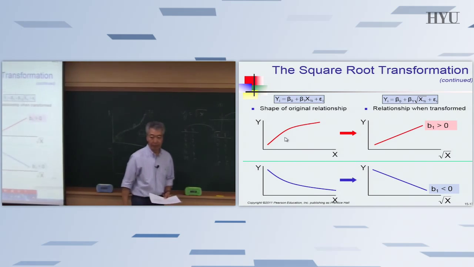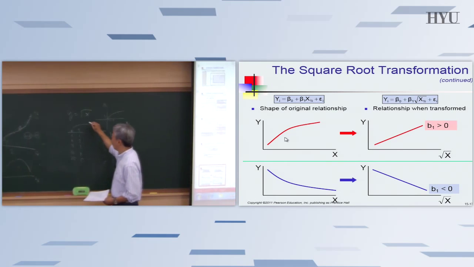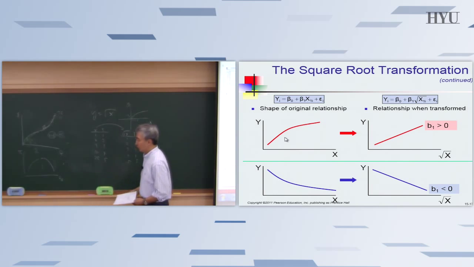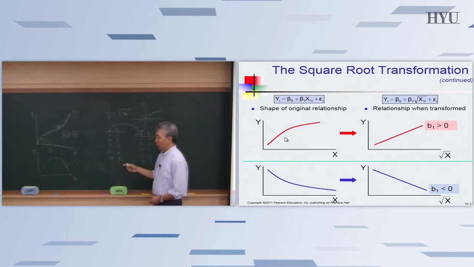Make sure you understand what I'm doing here, right? The original relationship is y equals the square root of x, and we have this kind of relationship.